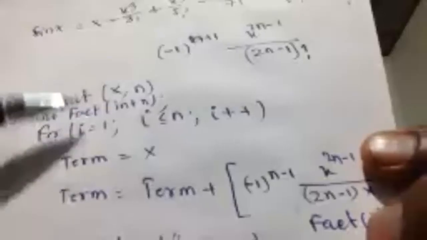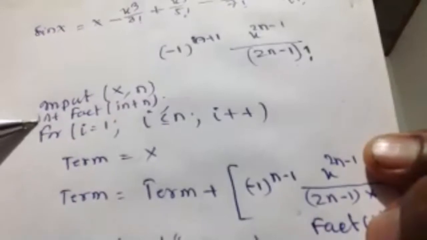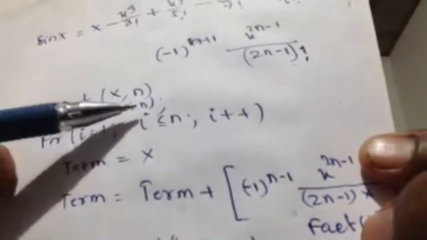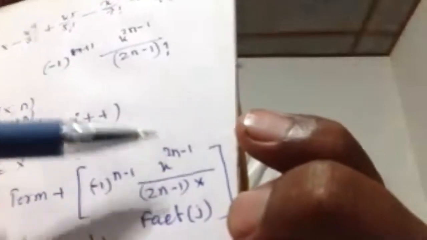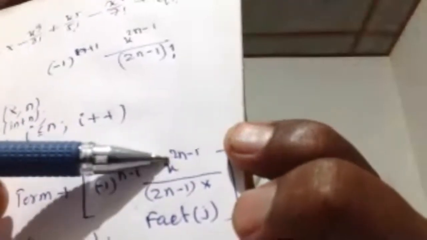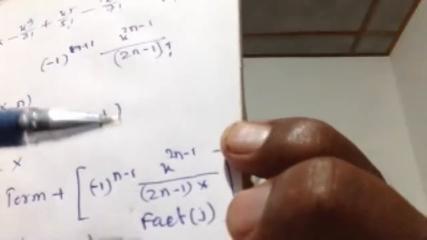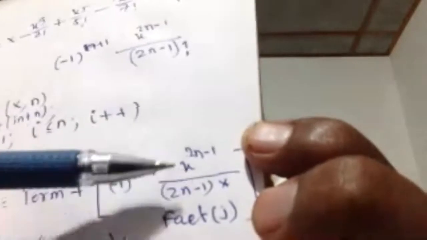I declared the factorial: int fact int n. And this is nothing but calling function with argument. I am directly calling. I am not assigning any variable. Earlier I used to say sum equal to add a comma b, is not it? Now in this case I am directly calling. Oh, sorry, here fact i.